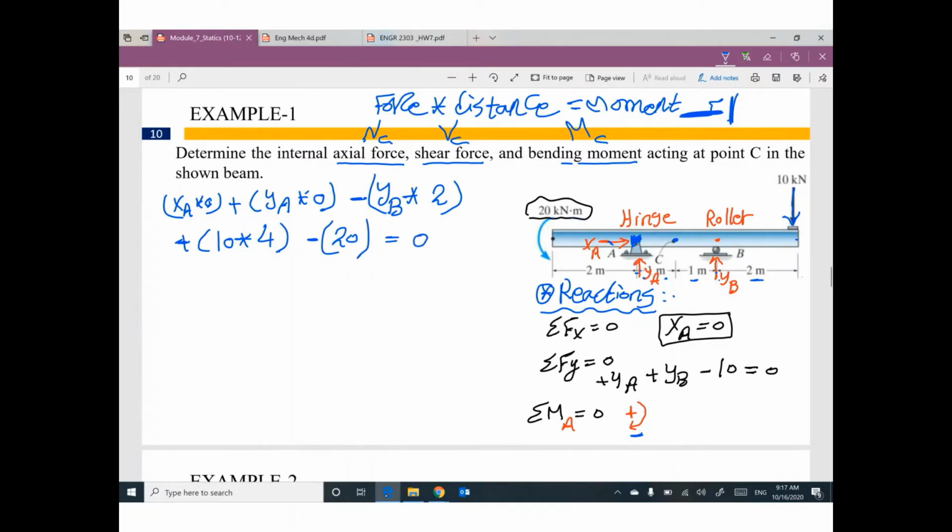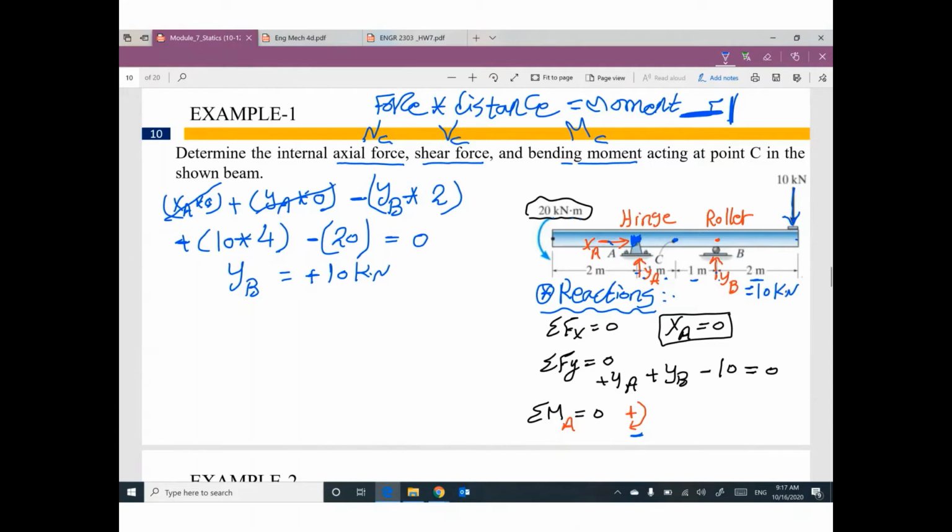The only unknown in this equation is YB, since the others will be cancelled. The value of YB will be positive 10 kilonewton. So YB equals 10.